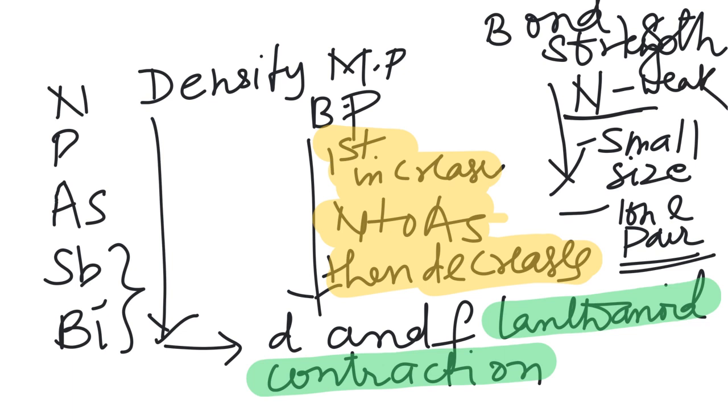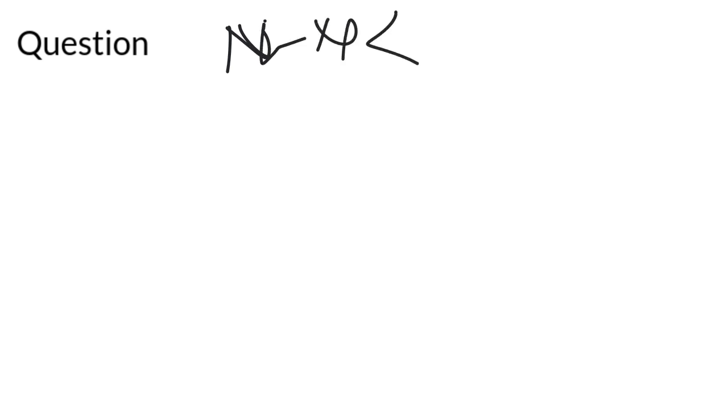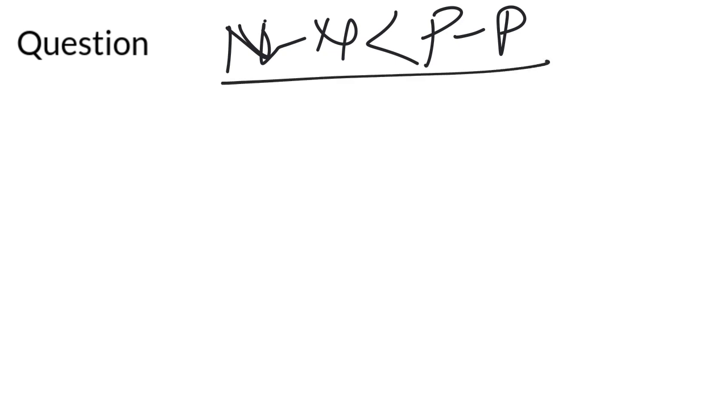The nitrogen-nitrogen bond is weaker than the phosphorus-phosphorus bond. Give reason why. The first reason is that nitrogen has small size.